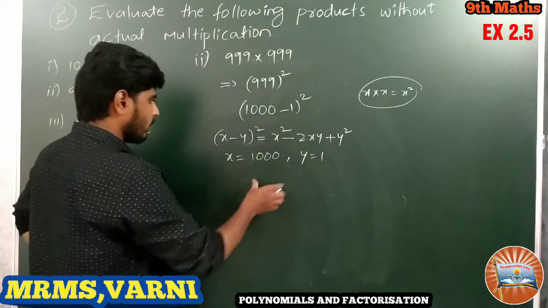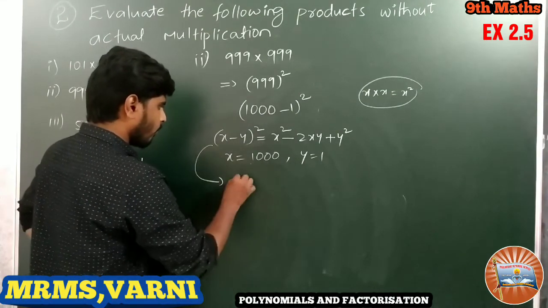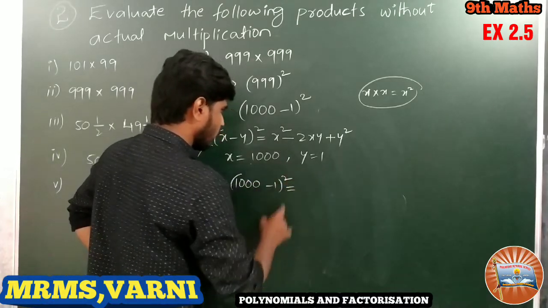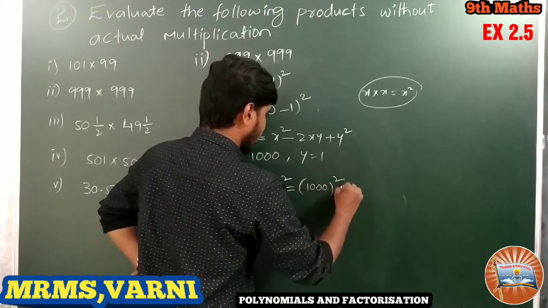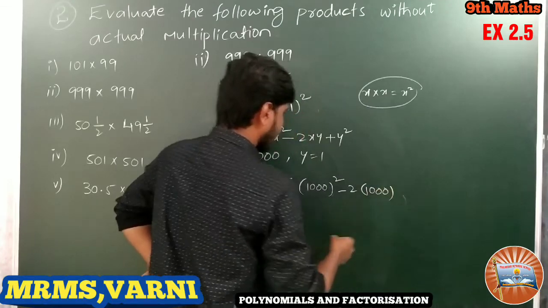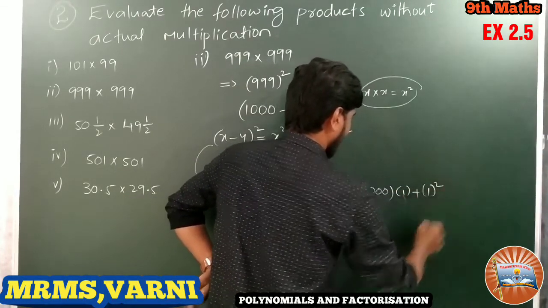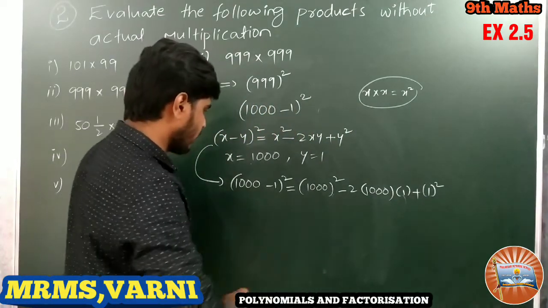So replace the values. 1000 minus 1 whole square is equal to 1000 whole square minus 2 into x, 1000, into y, 1, plus 1 square. So this is the substitution.